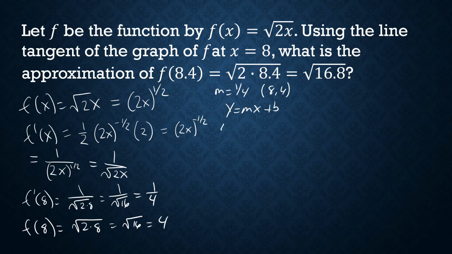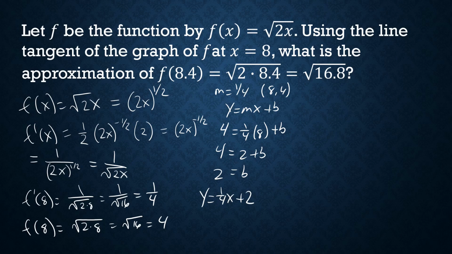So y is 4, m is 1 over 4, x is 8, plus b. 1/4 times 8 is 2. Subtract 2 from both sides. We get b is equal to 2. So our line is y equals 1/4 x plus 2.